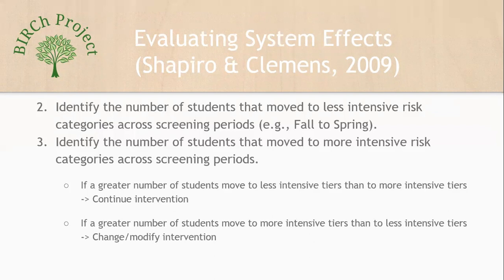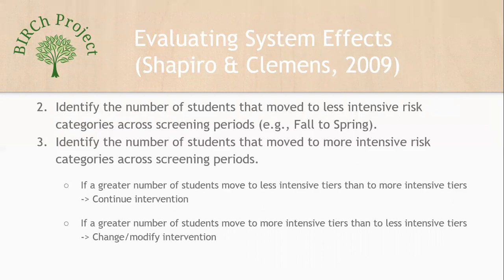So if a greater number of students move from less intensive tiers to more intensive tiers, continue the intervention. If a greater number of students move to more intensive tiers than to less intensive tiers, we need to change or modify the intervention.